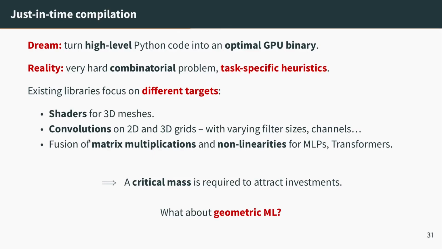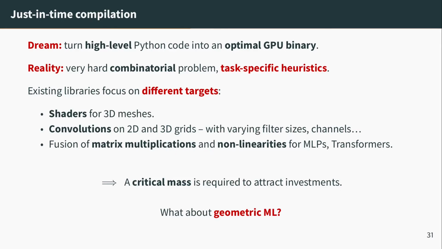Okay, and then perhaps most recently, something that became integrated within PyTorch and within TensorFlow is a fusion of matrix multiplications and nonlinearities like ReLU, rectified linear unit, these kinds of things, for multi-layer perceptrons and transformers. So this is what's called operator fusion.